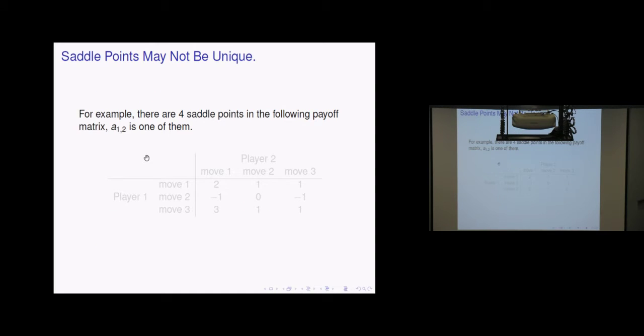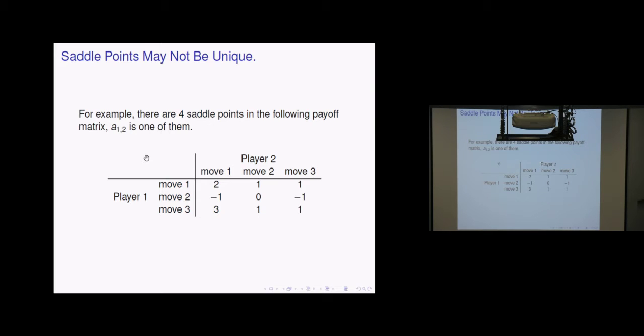So let's make some observations on saddle points. Saddle points may not be unique. For example, here I have a payoff matrix in a simplified form. The entry here is the payoff for player 1.